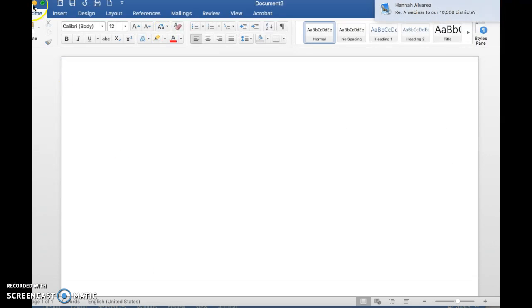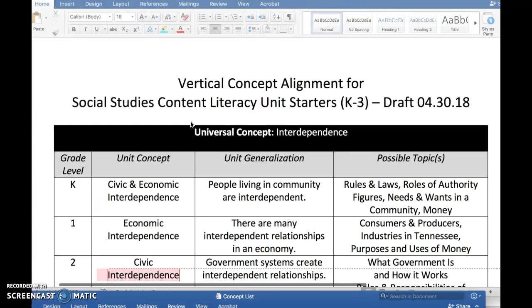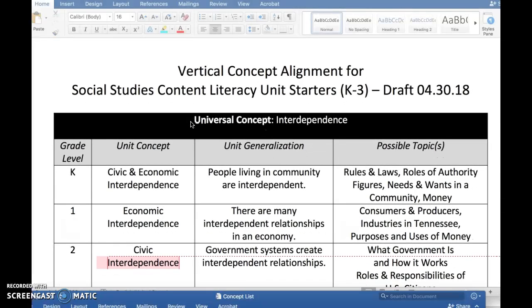So let's take a look at the other document that I sent, the actual vertical alignment for the unit starters, and these are of course subject to change and subject to your feedback.